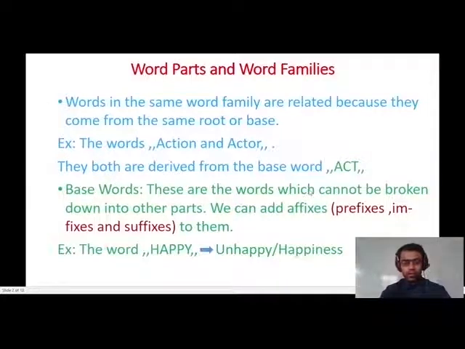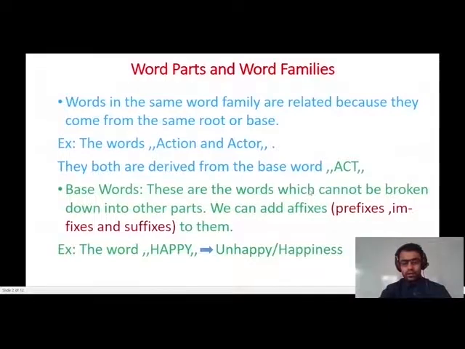Many words are related to each other, especially words which come from the same family, the same root or same base. For example, the words action and actor are related since they come from the same base word or root, that's act.